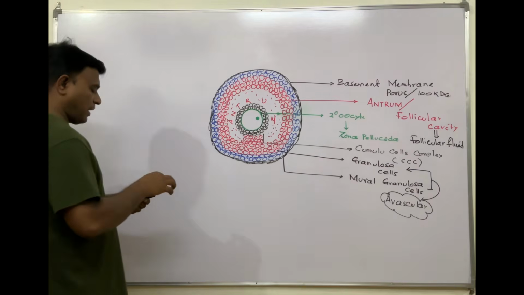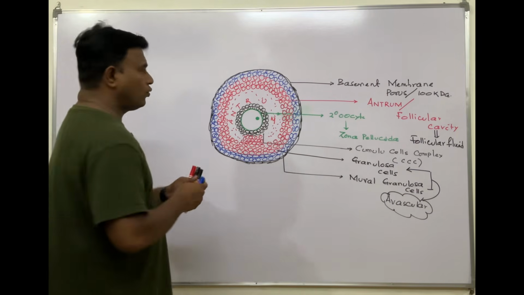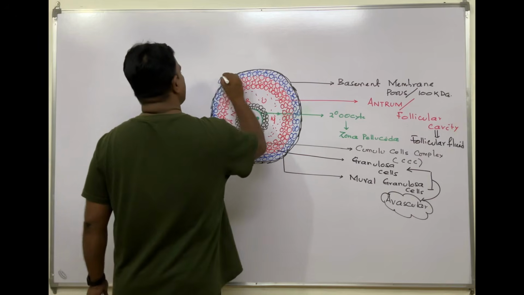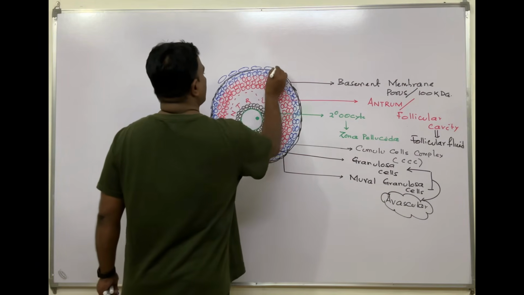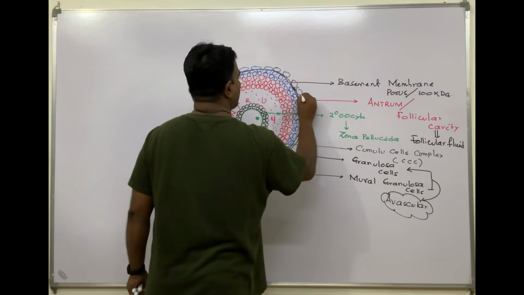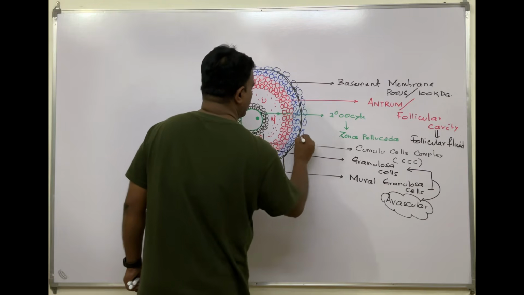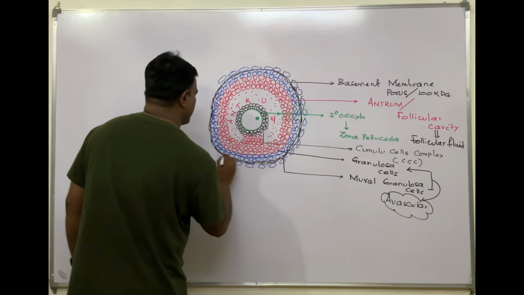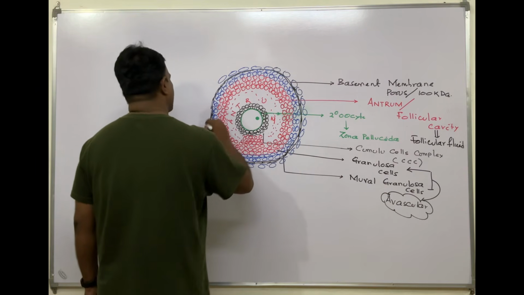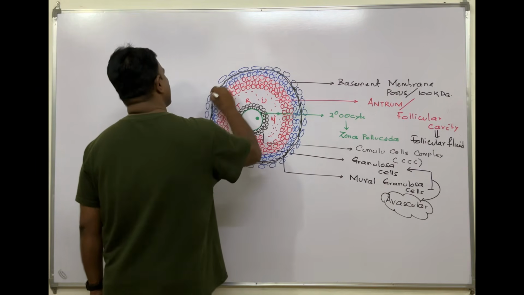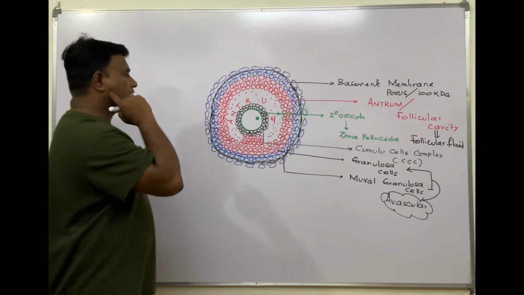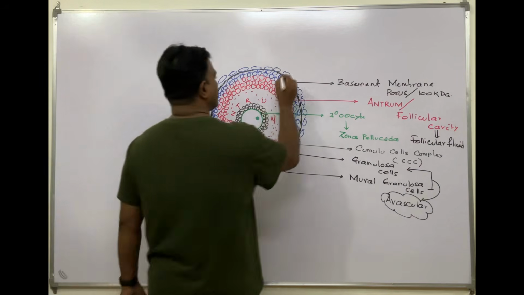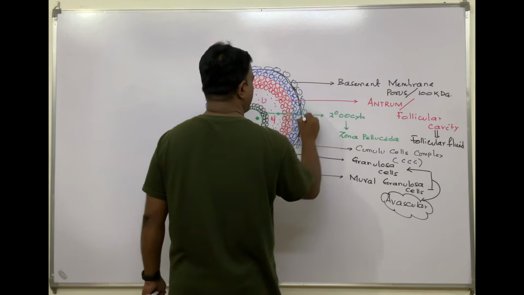Above this black, now see the blue one. You are seeing some slightly larger cells. These are almost similar to the mural granulosa cells, which are steroidogenic in nature. They can synthesize steroids under the influence of LH, and they are LH sensitive cells. These cells are all nucleated.